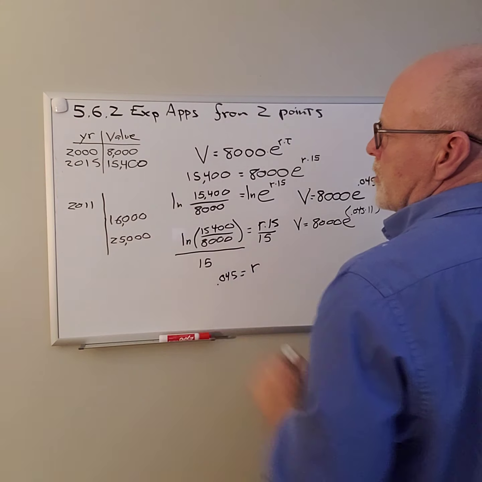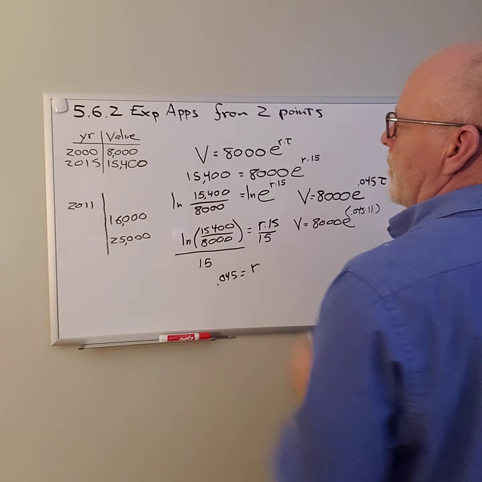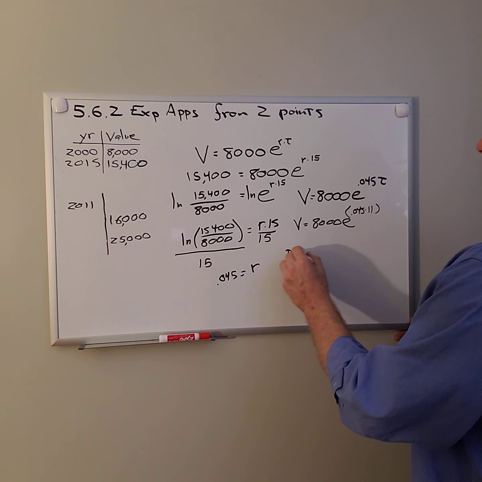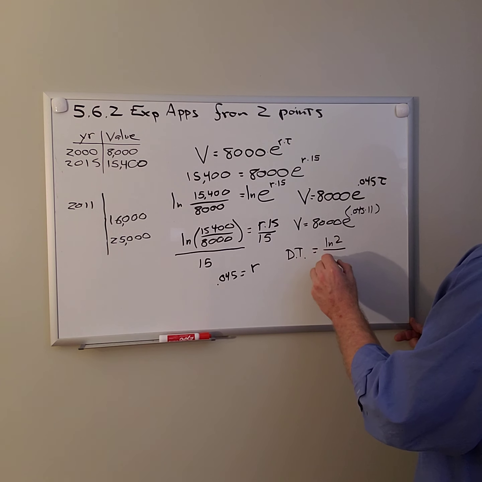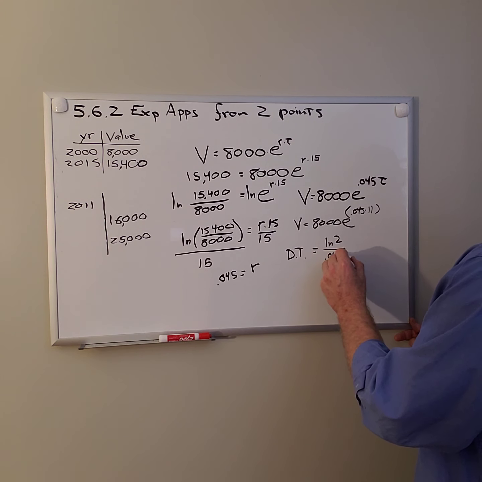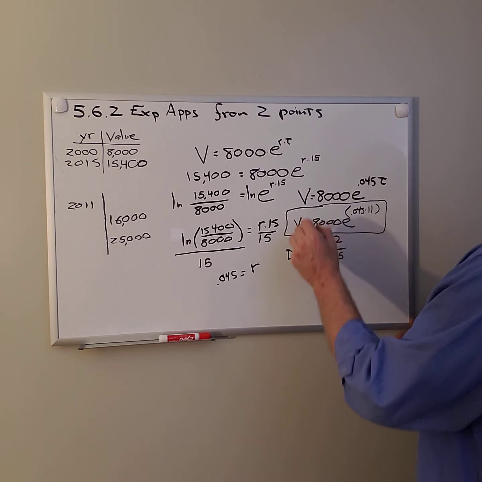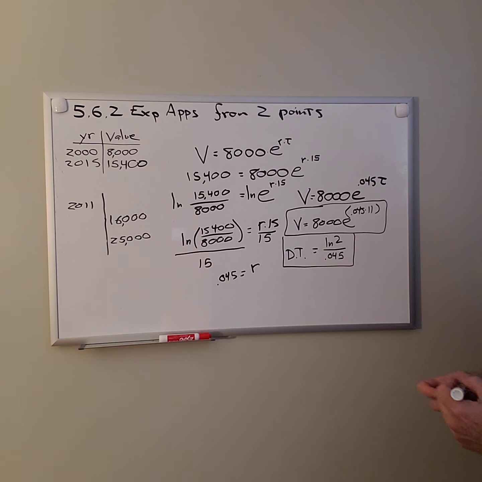To answer these questions, when's it going to be 16,000? That's the doubling time. So our doubling time is always going to be the natural log of 2 divided by 0.045. Right? So the answer to our second question is natural log of 2 divided by 0.045.